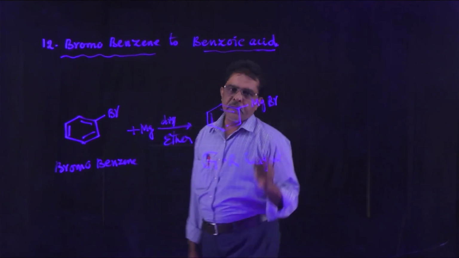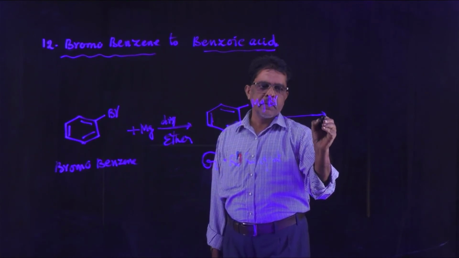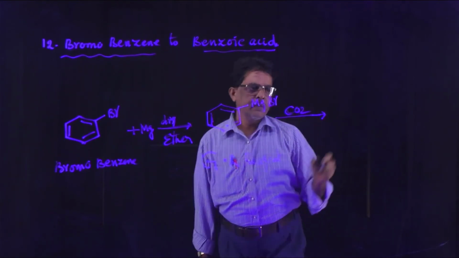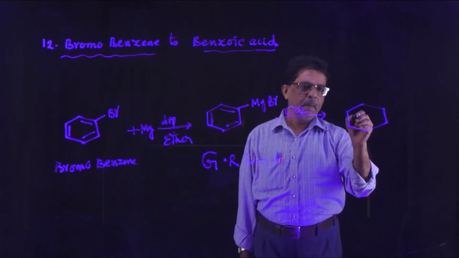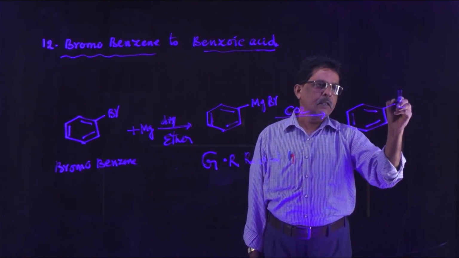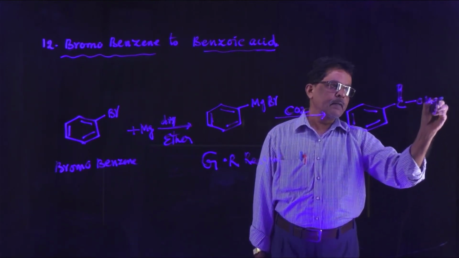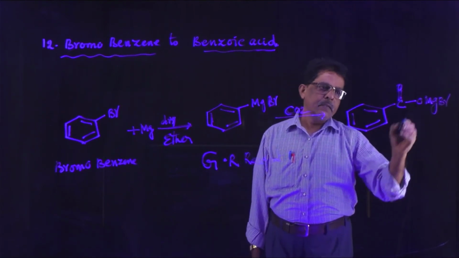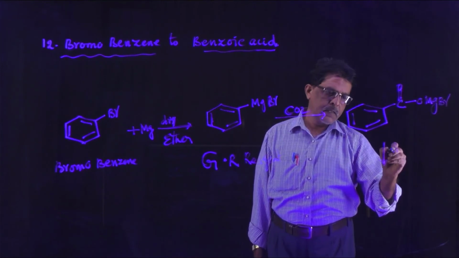Right, understand? So this Grignard reagent is subjected to reacting with carbon dioxide. Then you will get C double bond O, OMgBr, the intermediate compound. This intermediate compound is again subjected to hydrolysis.